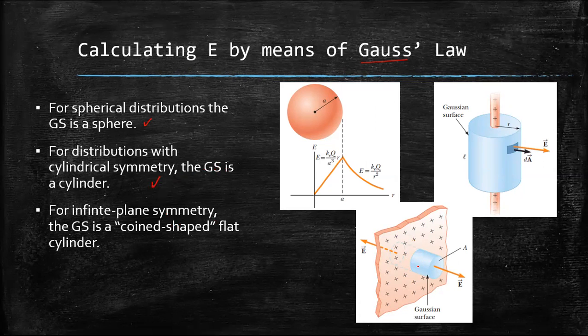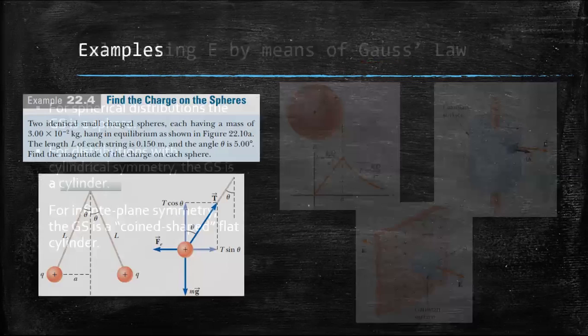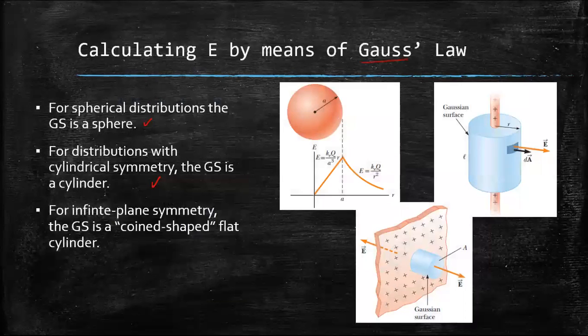And in the last case, we will use a coin-shaped flat cylinder. So this thing, imagine that it is a very, very short, not very tall, let's say, so that we have a coin-shaped cylinder. So by applying these ideas, we can conclude the same electric fields as we have shown in the previous presentation.